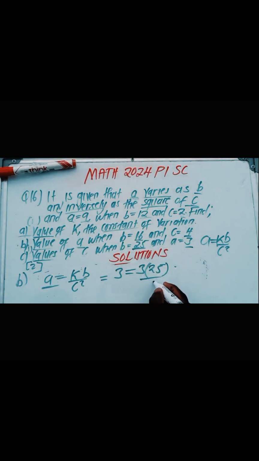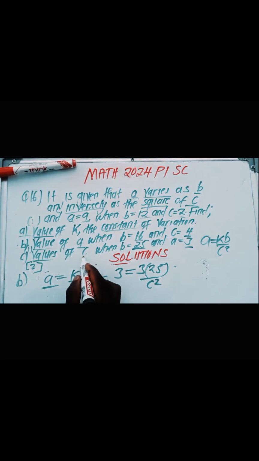Divide by C squared, because that is the value which we are finding. Remember, we have been told to find the values of C. So now, here what you need to do, you just need to multiply.